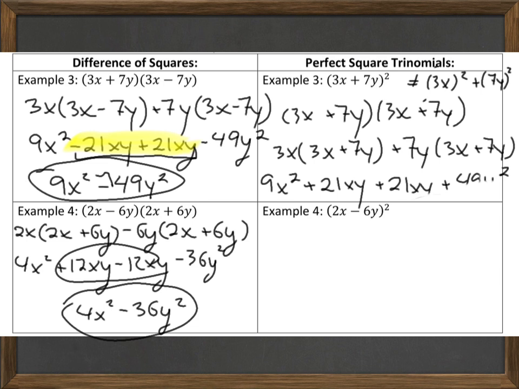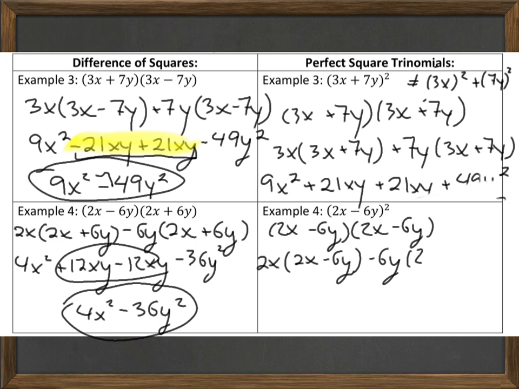Okay, for my perfect square trinomial, again, remember you cannot write it as 2x quantity squared minus 6y quantity squared, right? Instead, what we have to do is write 2x minus 6y times itself. Okay, and then we can use the distribution method here. So we have 2x times the quantity 2x minus 6y minus 6y times the quantity 2x minus 6y.